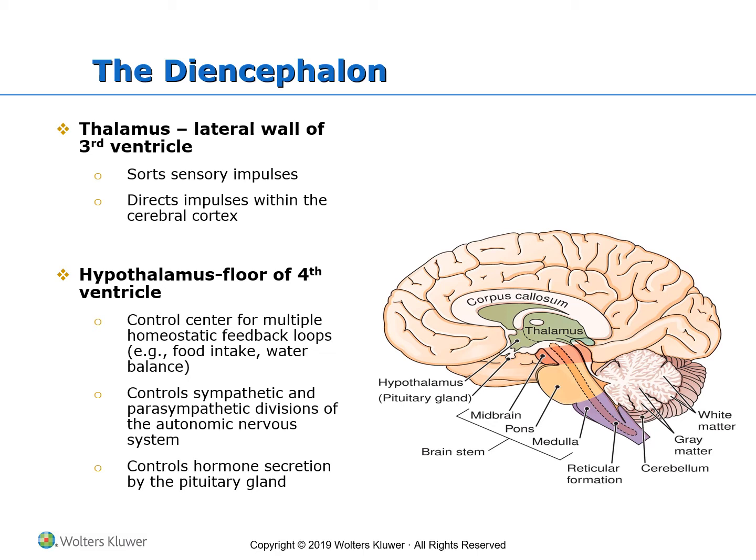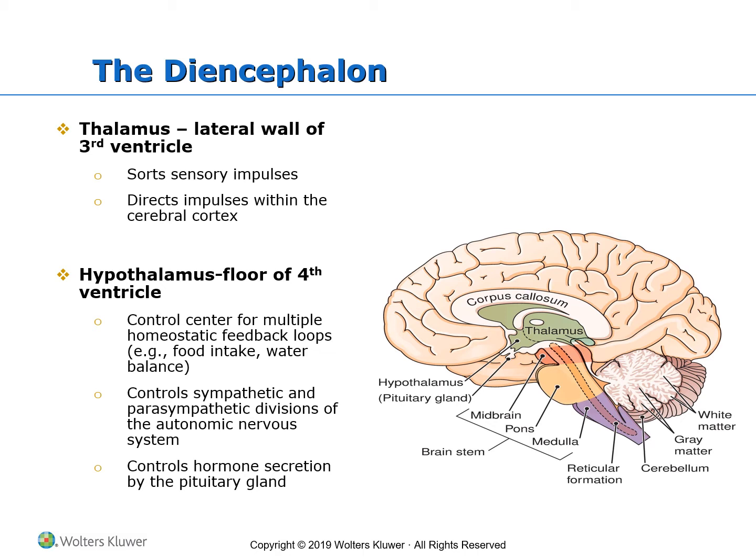It also controls other body functions necessary for well-being, such as sleep and awake cycles, and emotions such as fear or pleasure. The hypothalamus also controls the sympathetic and parasympathetic divisions of the autonomic nervous system.